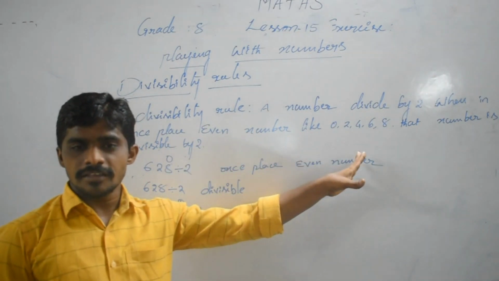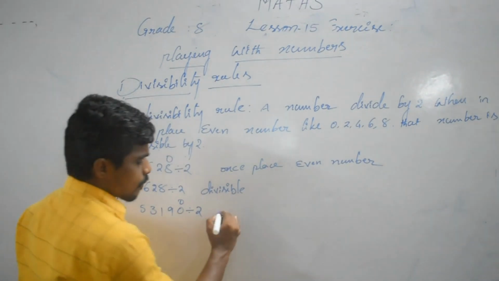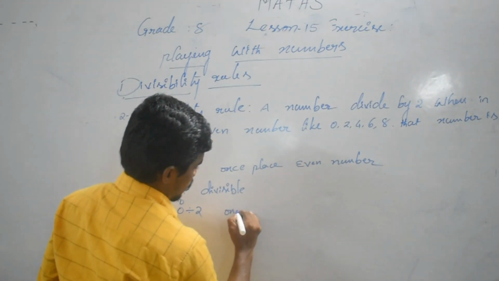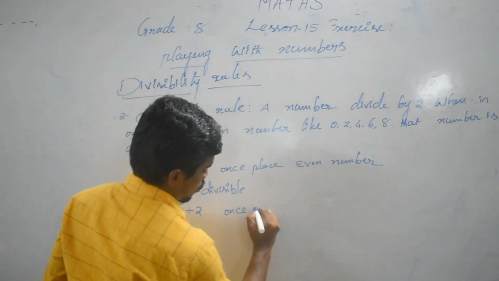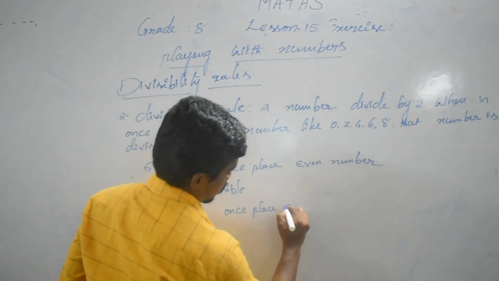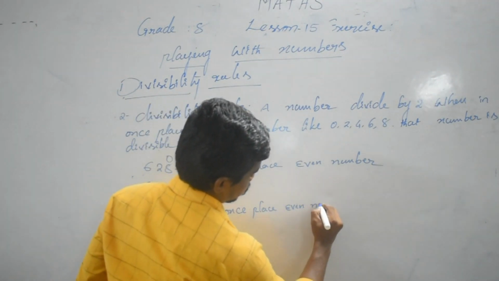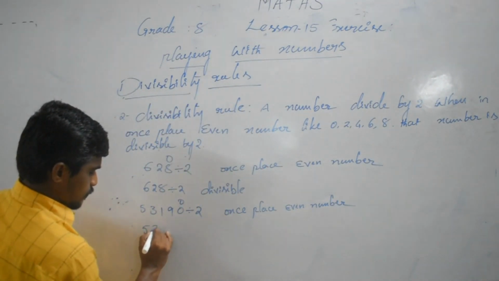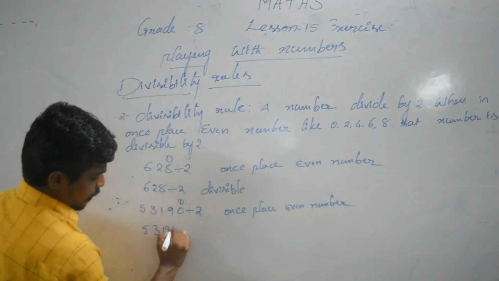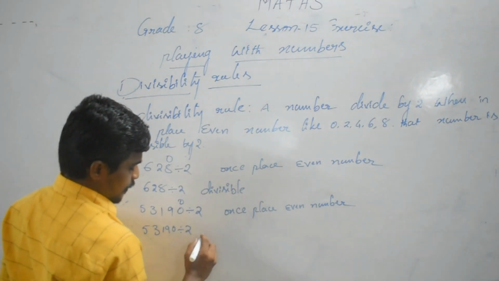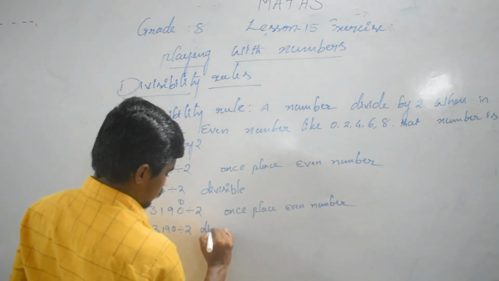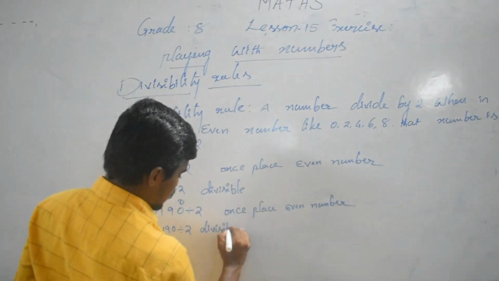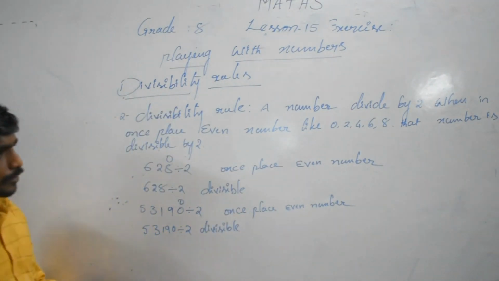Now 0 is an even number, so the ones place is an even number. 53,190 divided by 2 is divisible. This is the divisibility rule of 2.